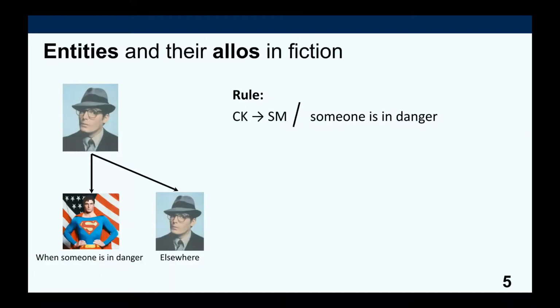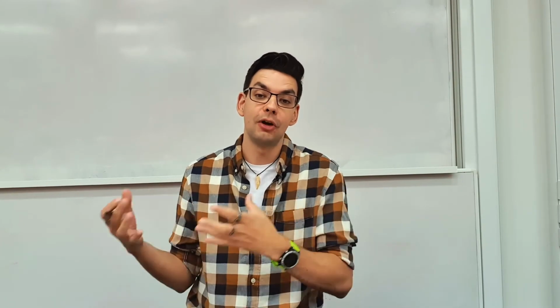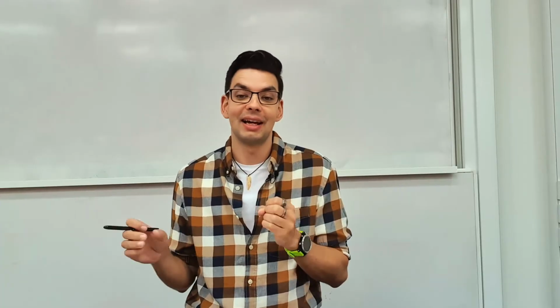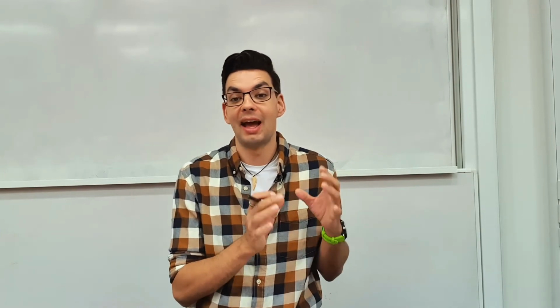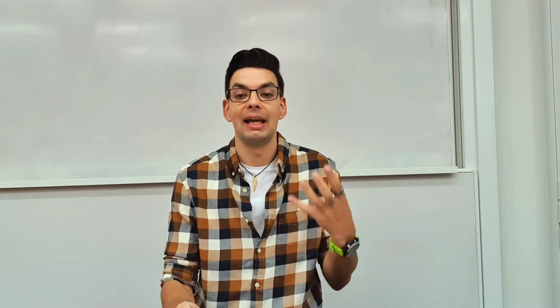We can say Clark Kent turns into Superman when someone is in danger. So Clark Kent and Superman, in the terminology that we've introduced, are in complementary distribution with one another. Where one appears, the other does not. That is exactly the same relationship that we have between the different allophones of a single phoneme in phonology.